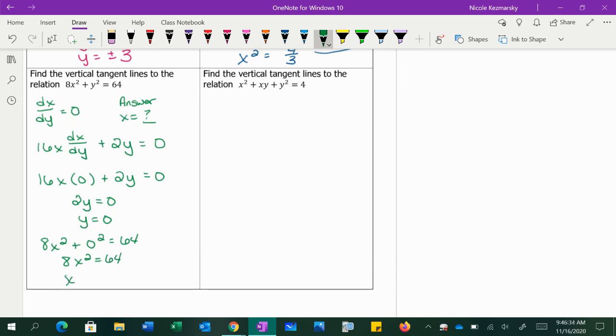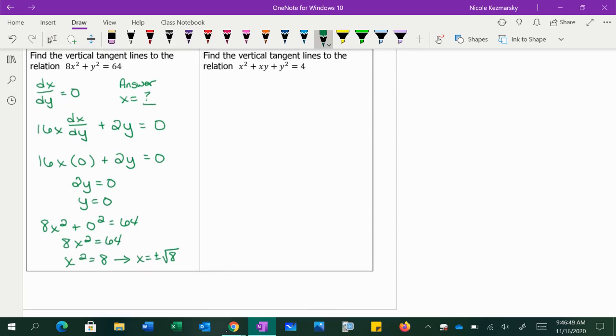Divide by 8, and I get x squared equals 8, which gives me x equals plus or minus square root of 8. And if I wanted to simplify this, square root of 8 simplifies into 2 square root of 2. But again, you don't have to.